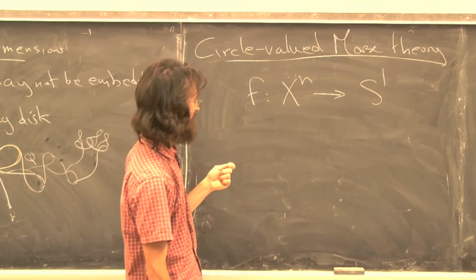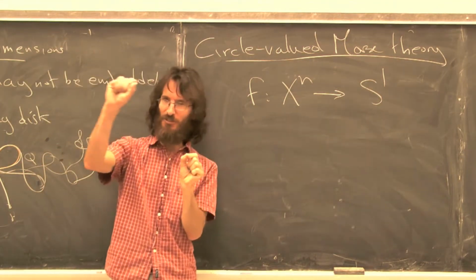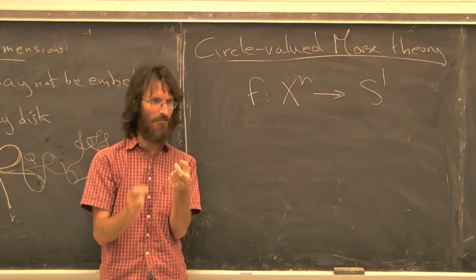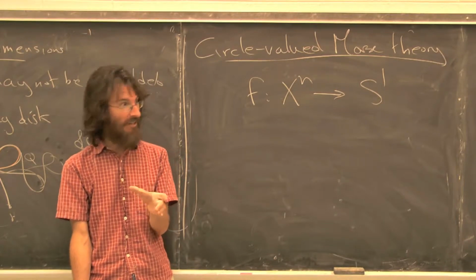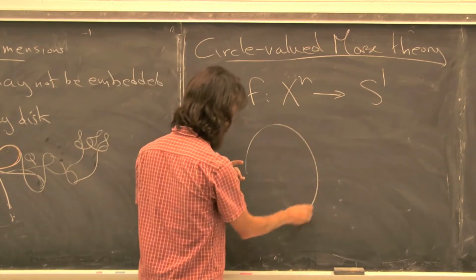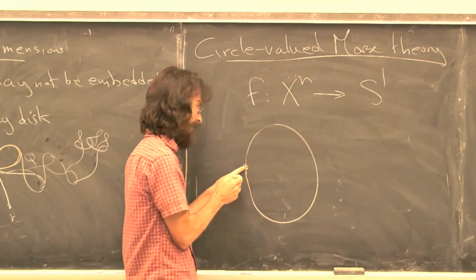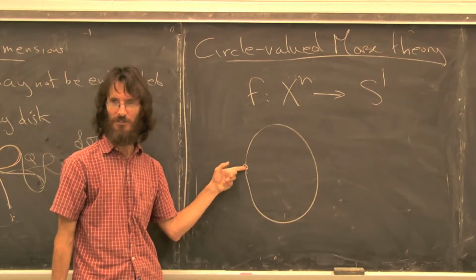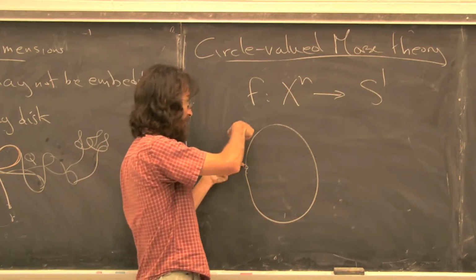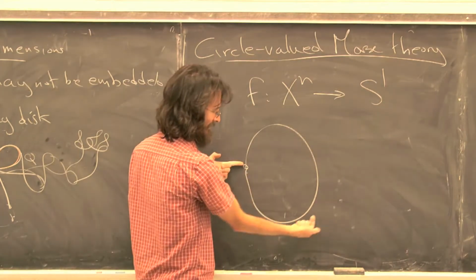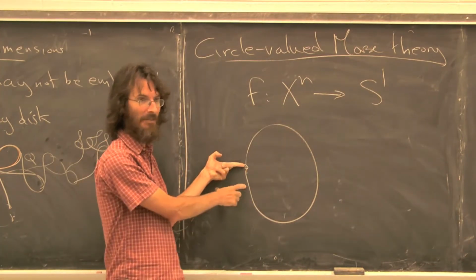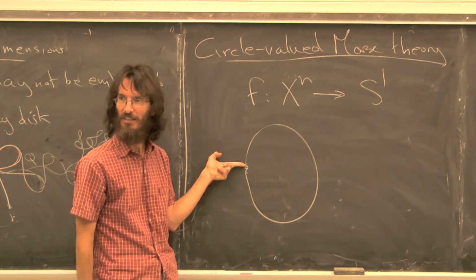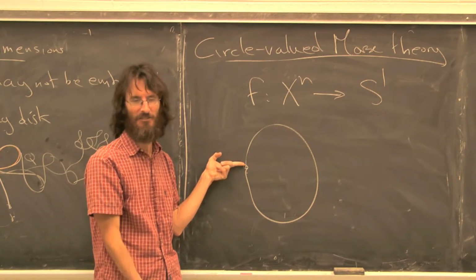And so that just means that as you go around the circle, you'll see critical points. You can build up a handle decomposition where you take some regular level sets for the circle, and sitting over a point, you'll have some n-1 dimensional manifold as long as it's a regular value, and then you go around and you attach handles, and then you glue things, and eventually you get back to something that's diffeomorphic to what you started with, and then you glue it back somehow. So that's the topological picture.